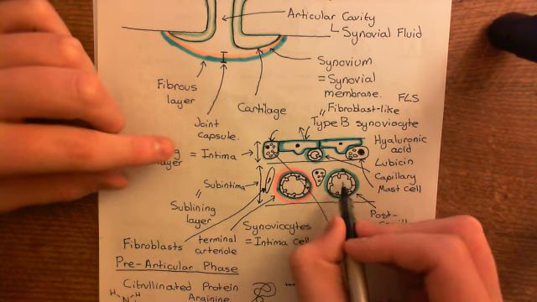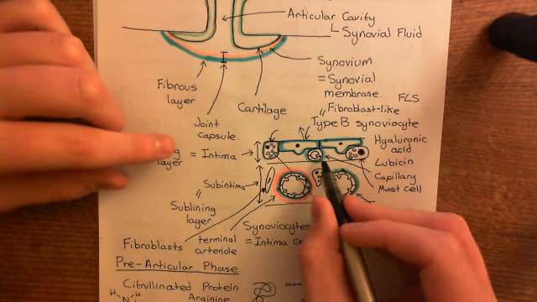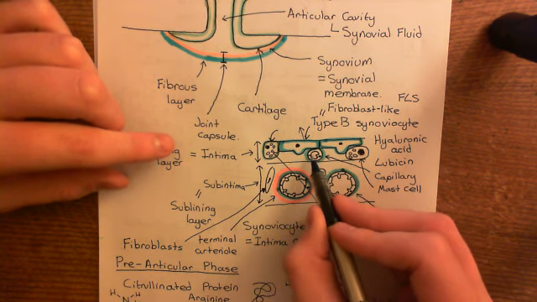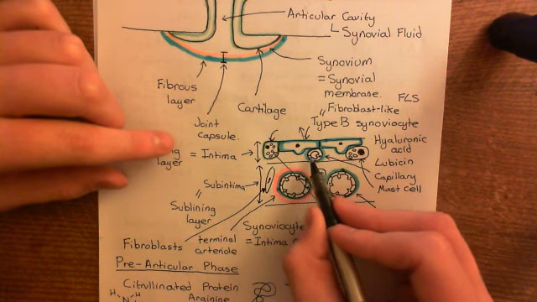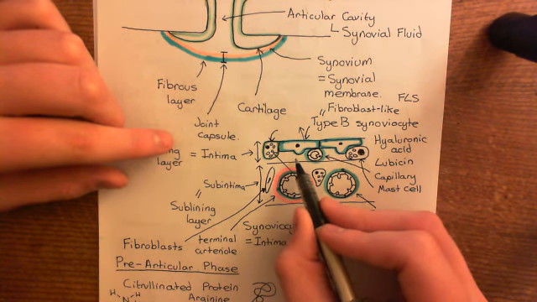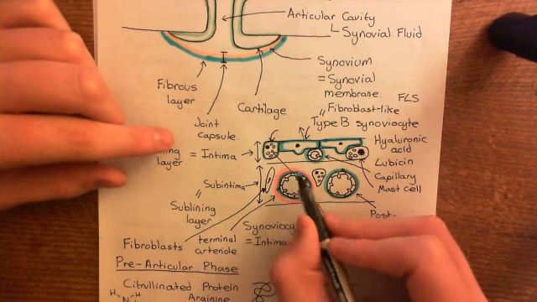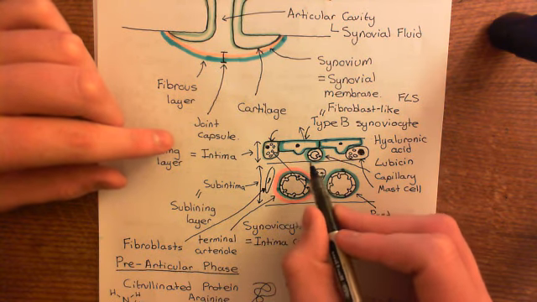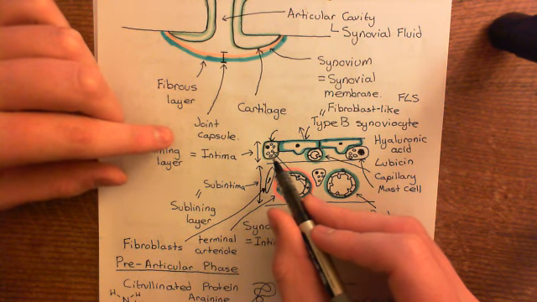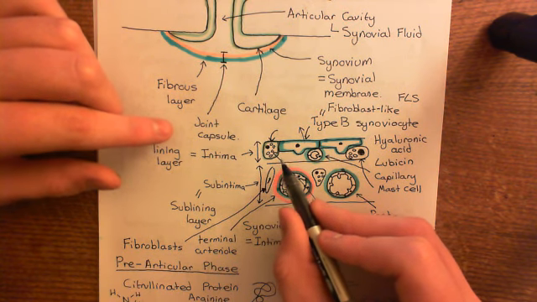And now some of these immune complexes can come out of the blood and into the interstitial fluid of the synovium. And now these immune complexes are going to activate a much bigger inflammatory response.